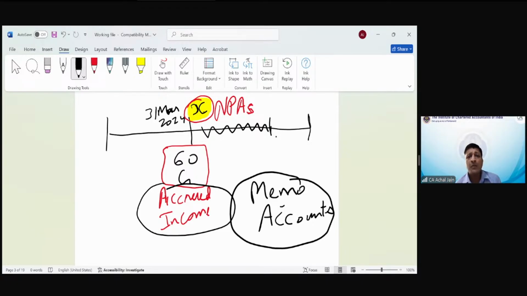But of course, the record has to be there. The idea is not to not keep the record at all. The only thing is the record should not be in the books of accounts. This is what you call a memorandum account. Fine. Now, moving further.